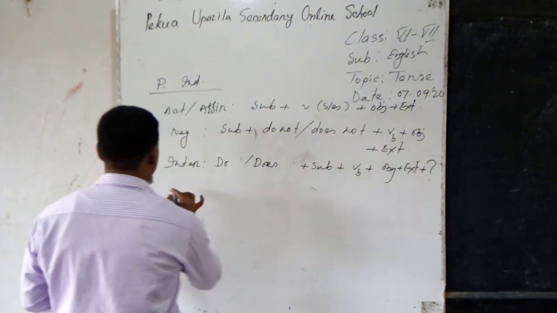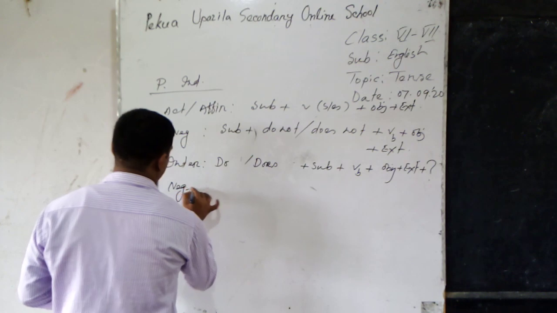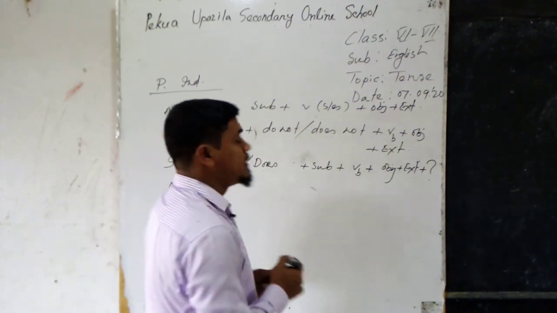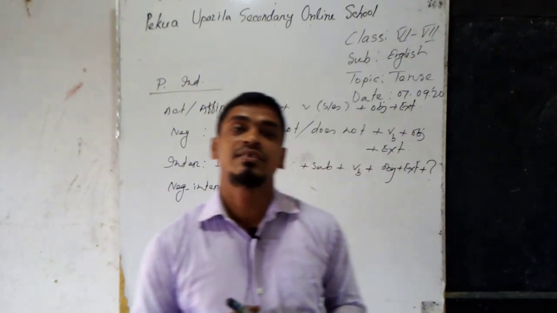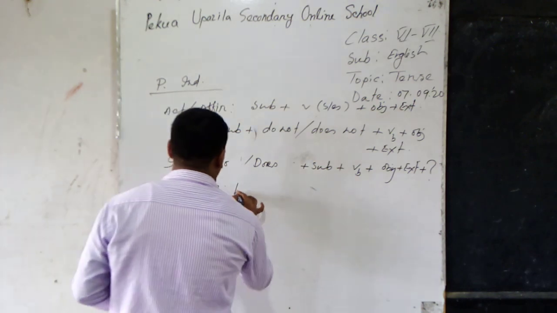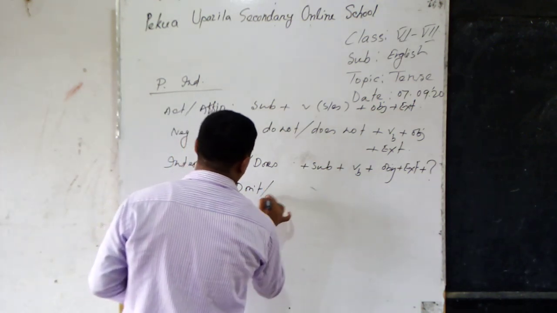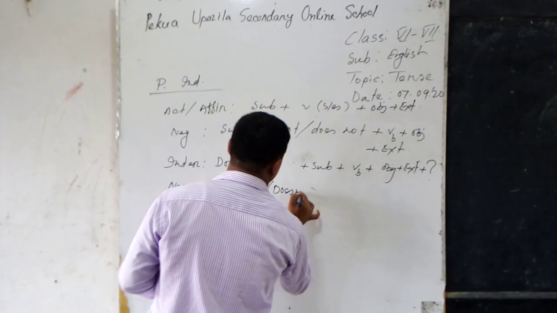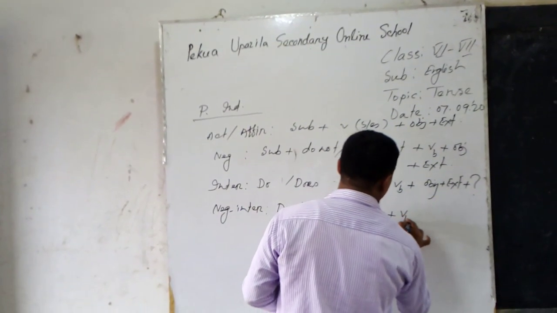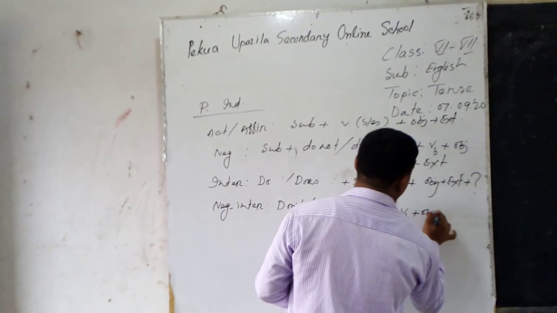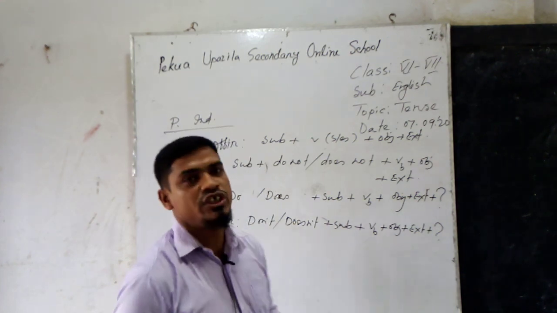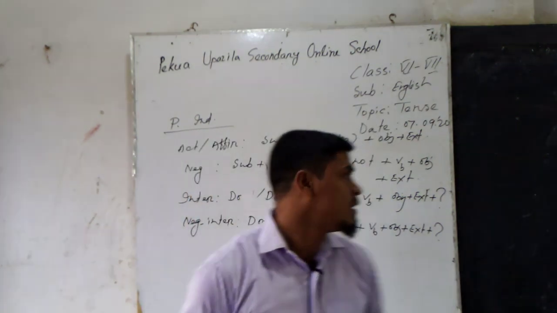And then negative interrogative. Here also a little bit of difference between interrogative and negative interrogative. We use don't or doesn't plus subject, same verb base form, object plus extension, and the sign of interrogation or question mark.